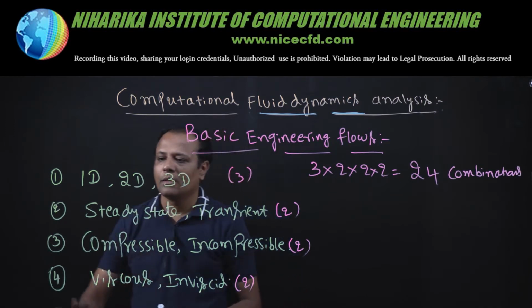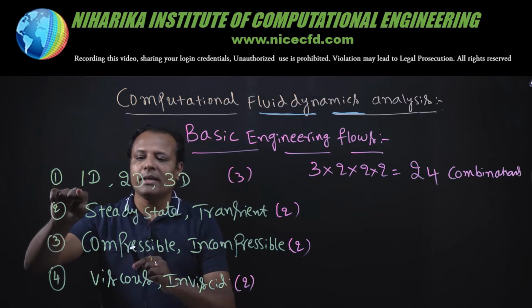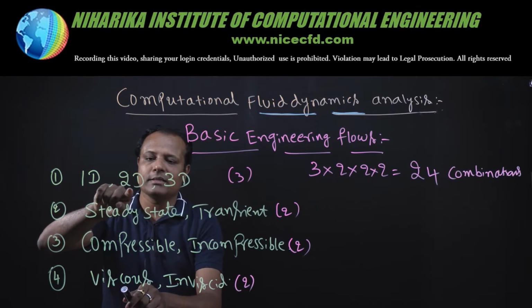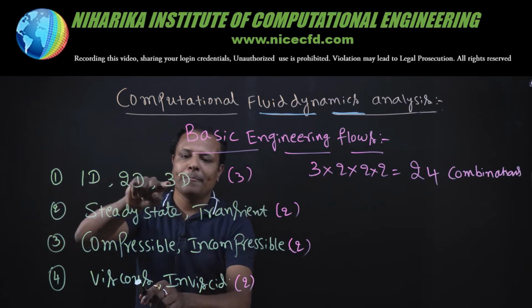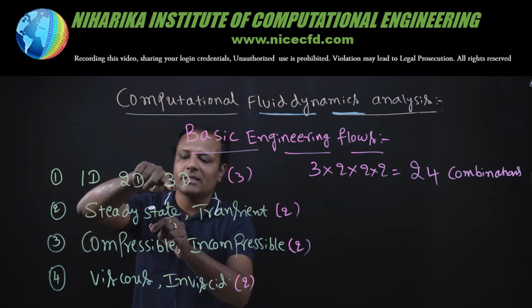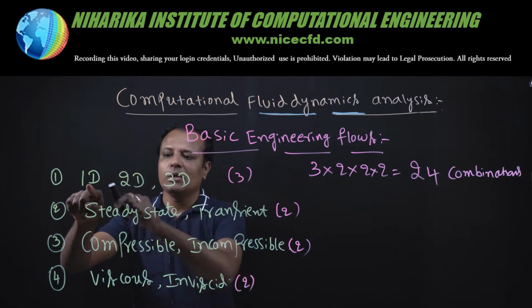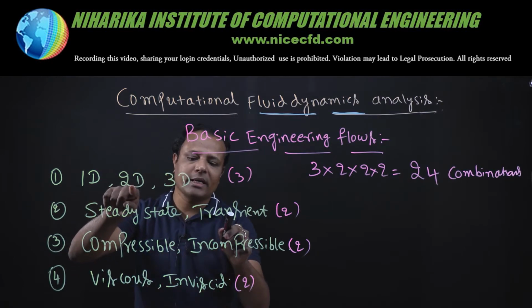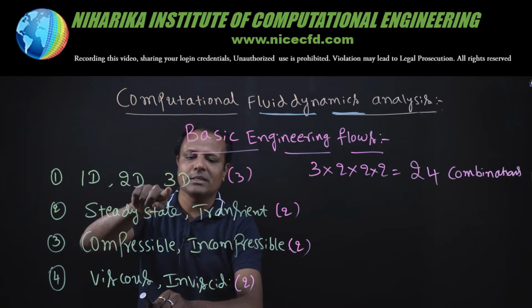Like, I will keep 1D as constant: 1D steady state compressible viscous. Then take the second one, 2D steady state compressible viscous. Take the third one, 3D steady state compressible viscous. Now take this one: 1D transient compressible viscous, 2D transient compressible viscous, 3D transient compressible viscous.